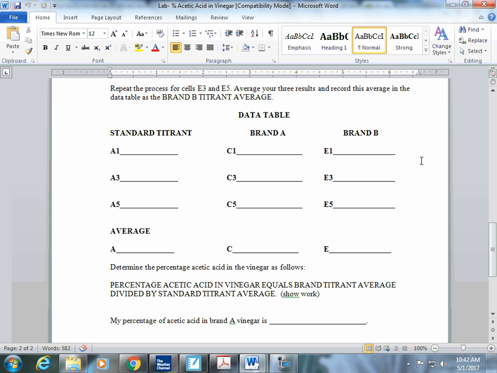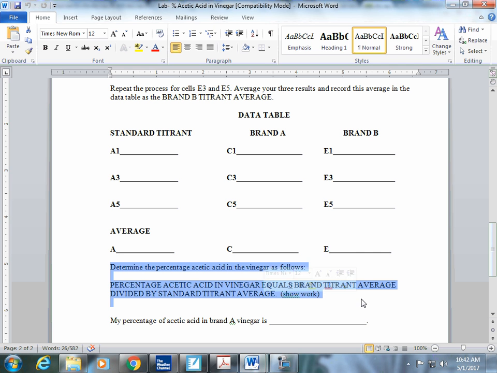Okay? To determine the percentage of acetic acid in vinegar, you use the following. The percentage of acetic acid in vinegar equals the brand titrant average divided by the standard average.